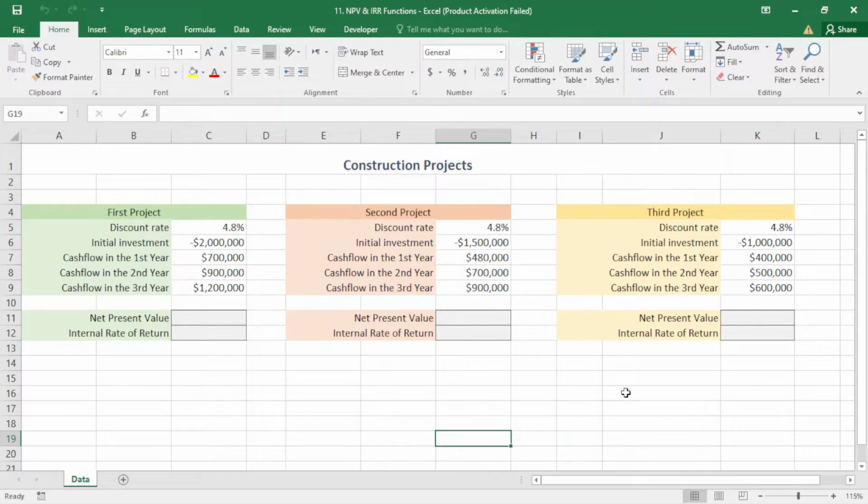Here, first of all, I want to calculate the NPV, or net present value, for each of these.